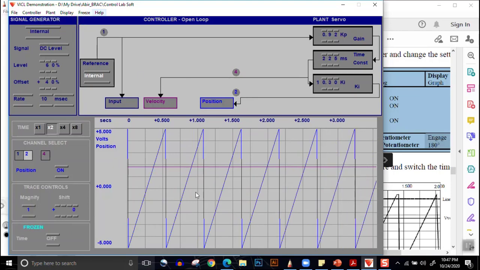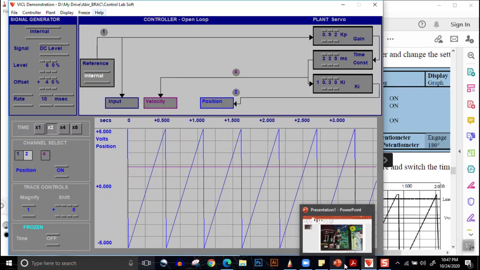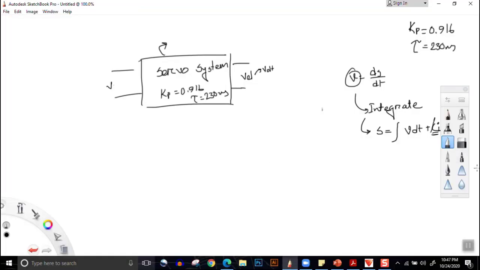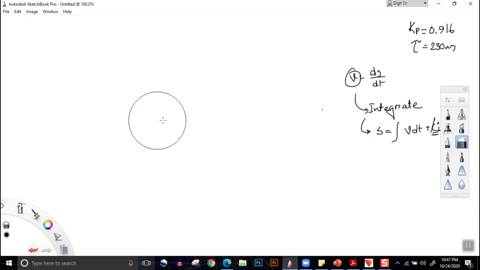One thing to be noted: you can see that the position graph here is a sawtooth wave. Why is this a sawtooth? The position is constantly changing, then why is this a sawtooth wave? This needs to be understood. This is a motor, right? Suppose it is rotating in this direction. The angular rotation is increasing, increasing, increasing, and at this point the angular rotation is maximum, that is 360 degrees.